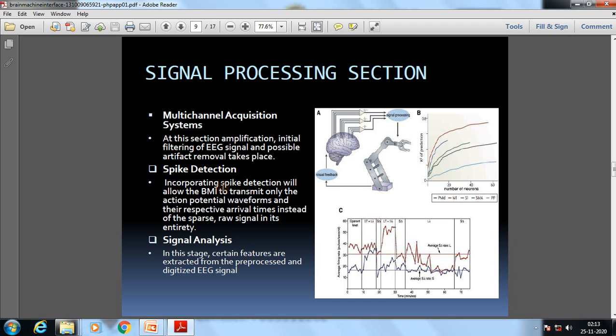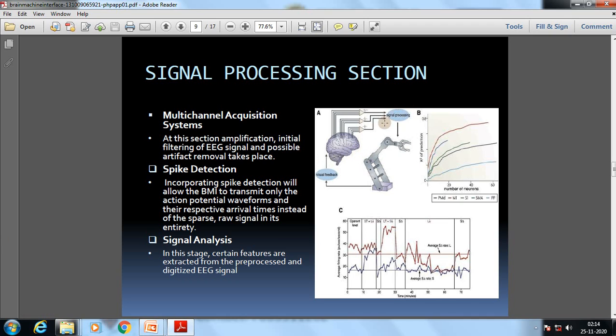Incorporating spike detection will allow the BMI to transmit only the action potential waveforms and their respective arrival times instead of the sparse raw signal in its entirety. Signal analysis. In this stage, certain features are extracted from the pre-processed and digitized EEG signal. So this is the visual feedback.